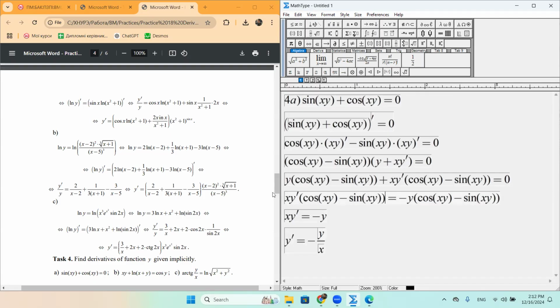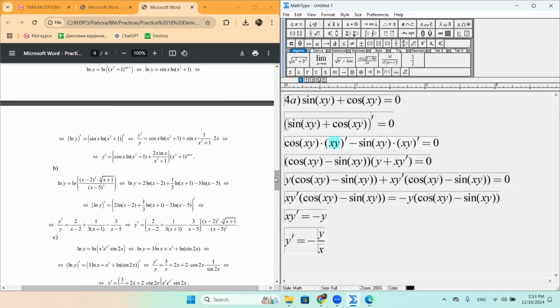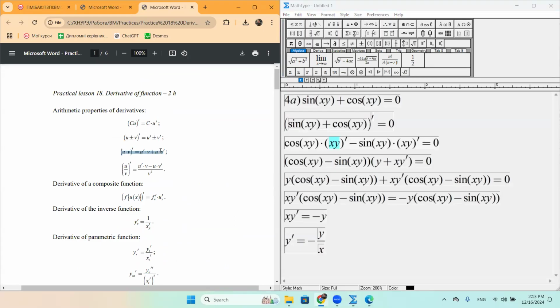So any questions about this task? How do we get in the fourth row y plus xy prime? Fourth, okay. This, right? So we differentiate this, well, not sum, but product. And the formula of the derivative of the product is the next.